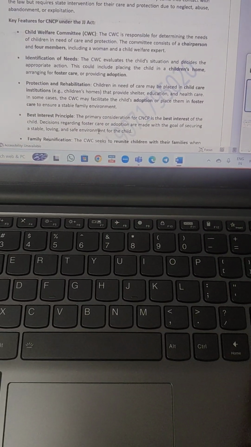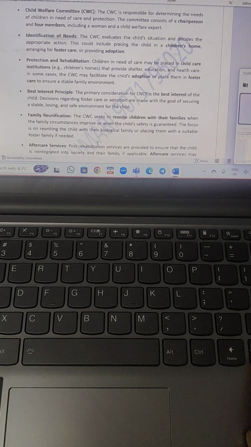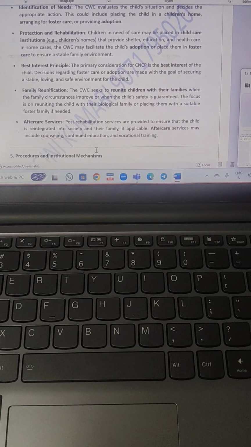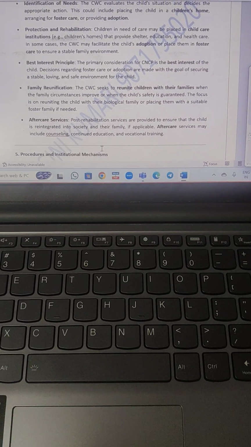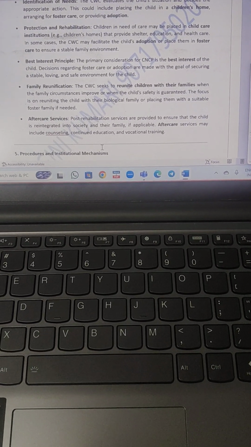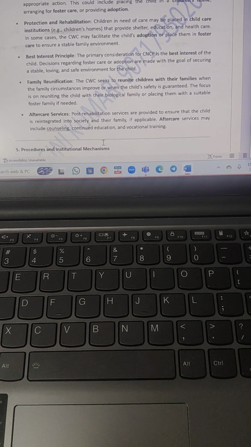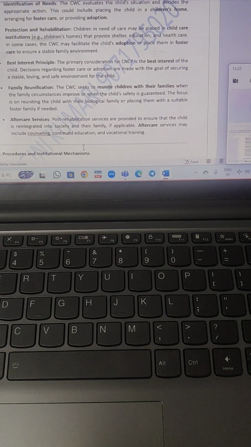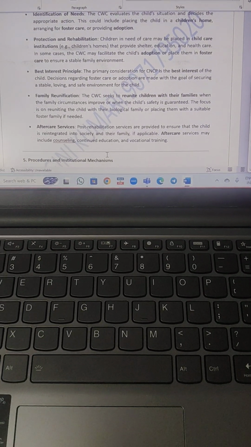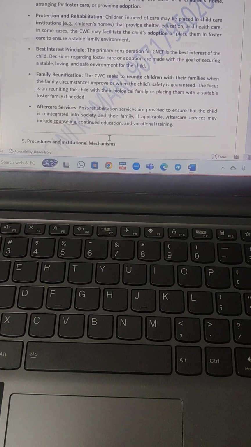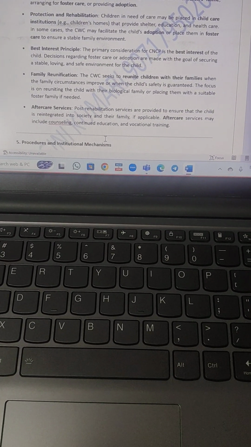Now, best interest principle. So the primary consideration is to work for the best interest of the child. Decisions regarding foster care or adoption are made with the goal of securing a stable, loving and safe environment for the child. Now, the CWC seeks to reunite children with their families when the family circumstances improve or when the child's safety is guaranteed.